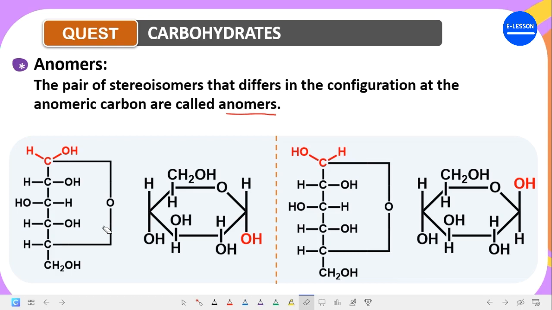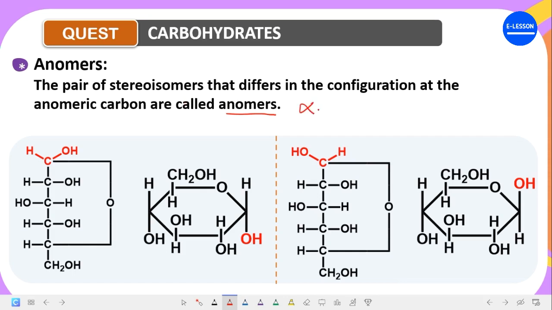Are we getting it? But let's not go too much into details about that. The pair of stereoisomers that differ in the configuration at the anomeric carbon are called anomers. There are two types of anomers.